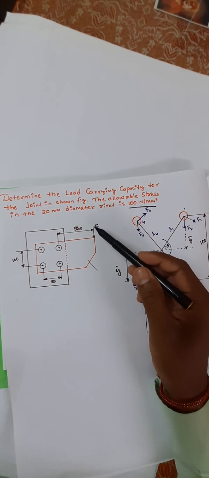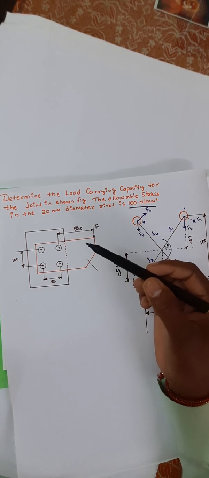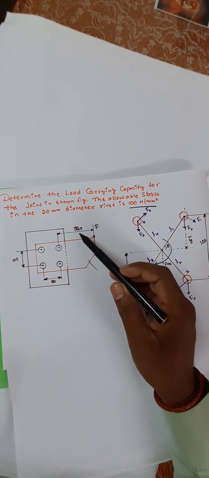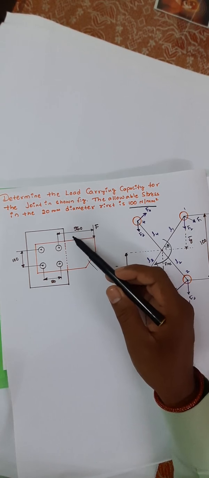The load acting axis does not coincide with the centroidal axis of this riveted joint, and for that we call it eccentricity. The load is acting at a distance of 960 mm, and that distance we call e, the eccentricity.